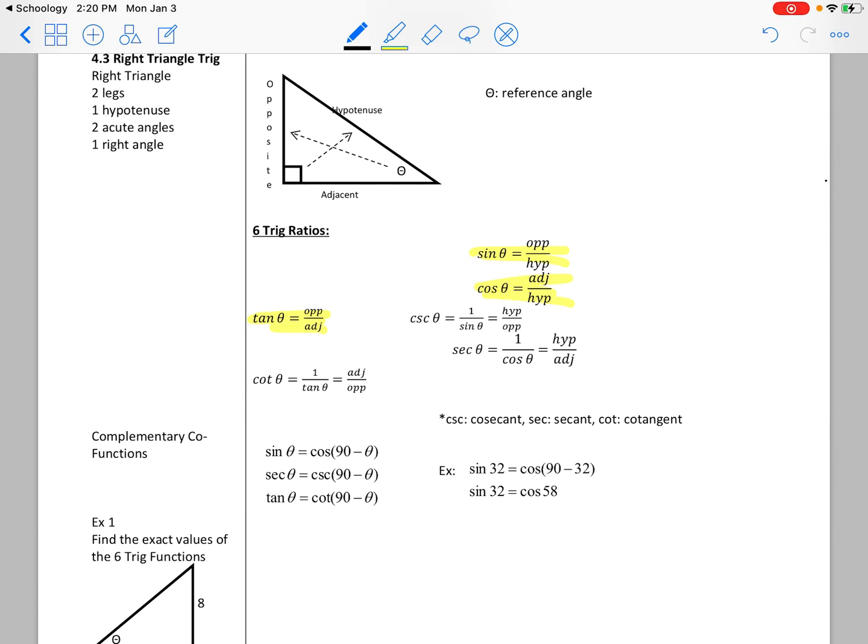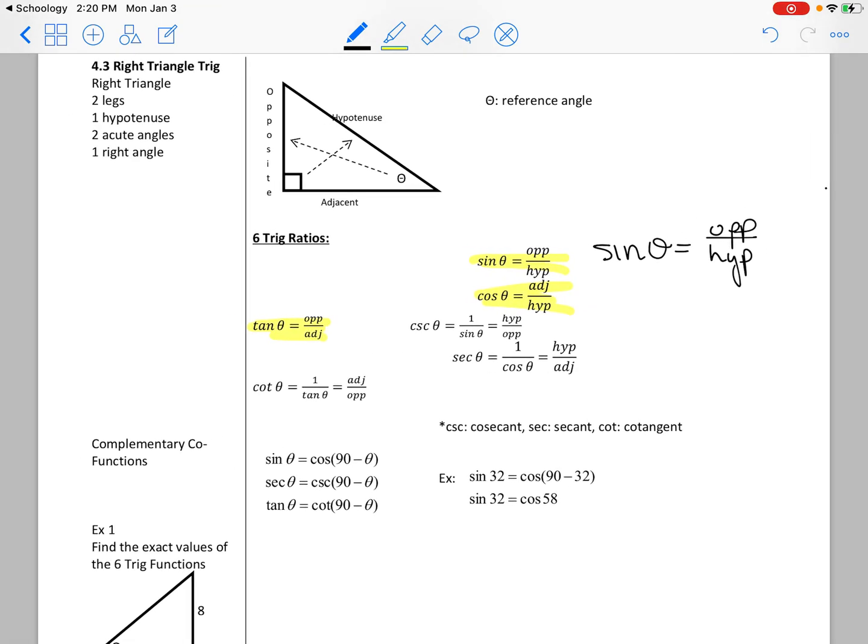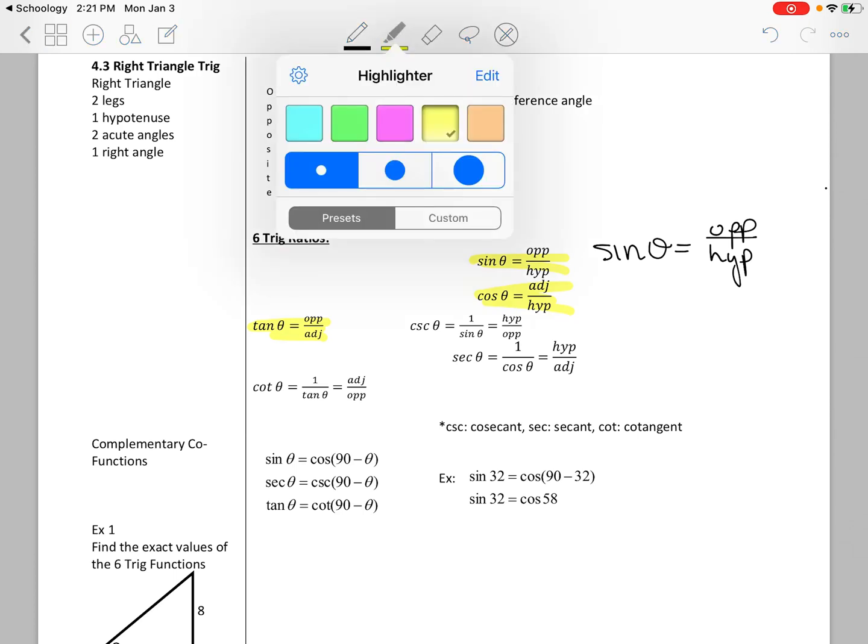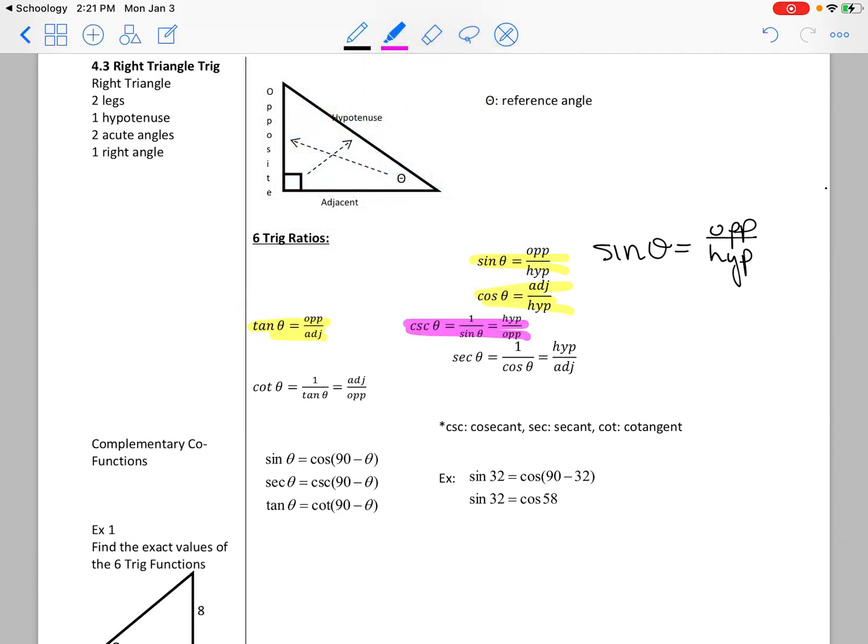So, sine of theta is, like I said, opposite over hypotenuse. Its reciprocal is cosecant, and that is hypotenuse over opposite, or 1 over sine.